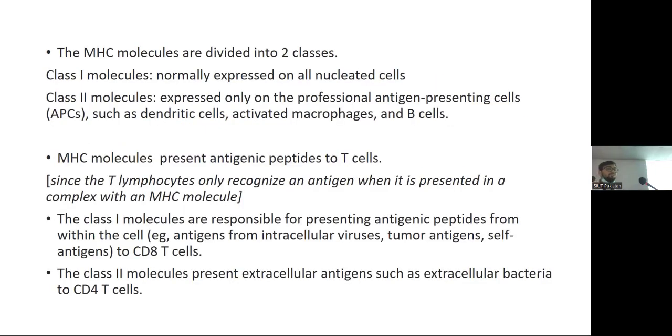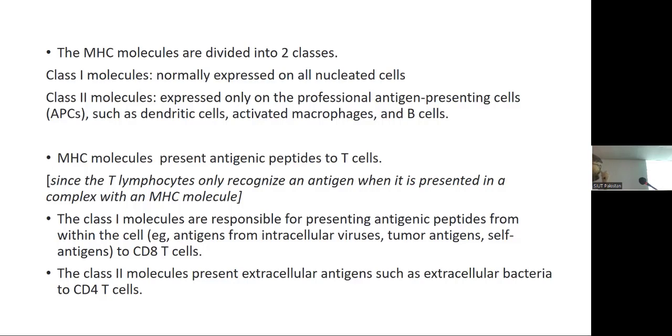Now, the MHC molecules are divided into two classes, class 1 molecules and class 2 molecules. Class 1 molecules are normally expressed on all nucleated cells, whereas class 2 molecules are expressed only on antigen-presenting cells, such as dendritic cells, activated macrophages, and B cells. The MHC molecules present the antigenic peptides to T cells, and T lymphocytes only recognize an antigen if it is presented in a complex with the MHC molecules.